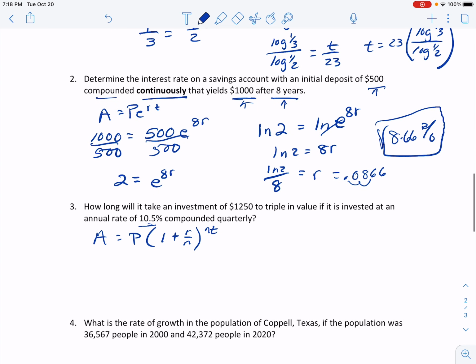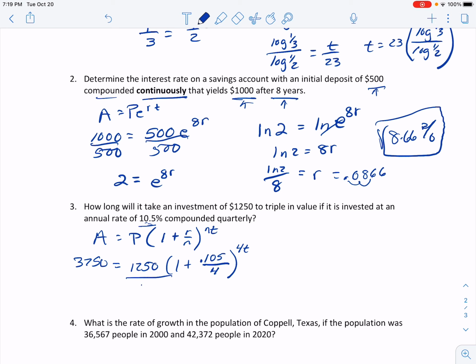Okay, so the initial amount was $12.50. It's going to triple, so $12.50 times 3 is $37.50. 1 plus, what are we looking for? That's R, so that's 0.105, make it decimal, over quarterly, which is 4, and then you have 4t.